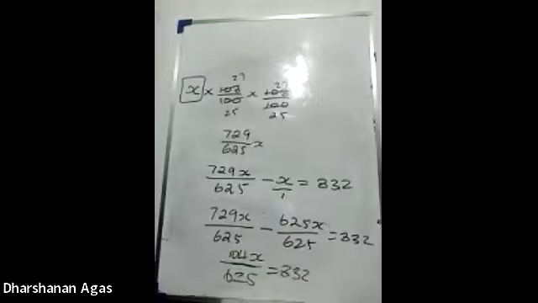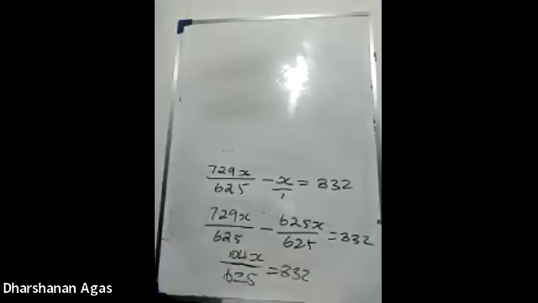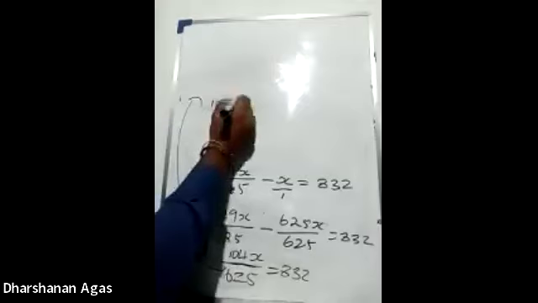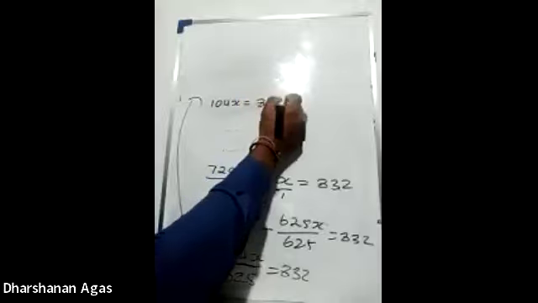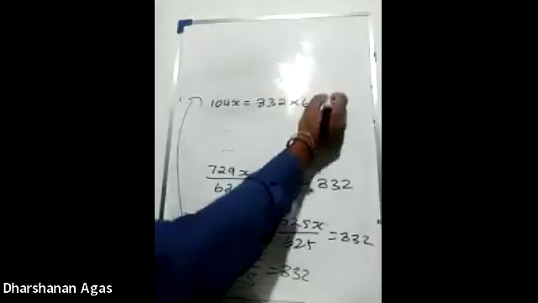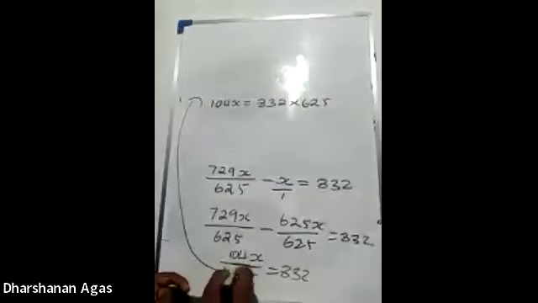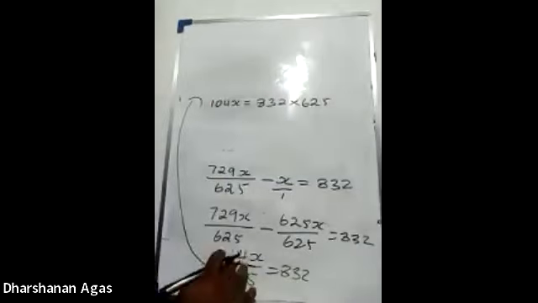Okay, this step we wrote, and from here I am continuing. 104x equal 832 multiplied by 625, since 625 is there.